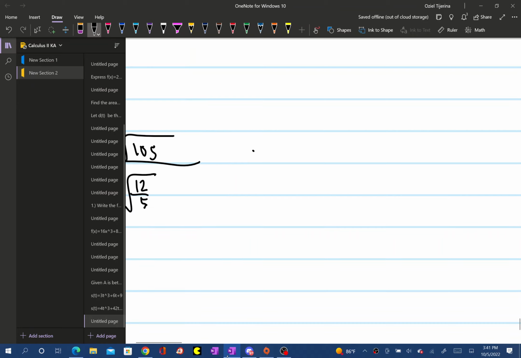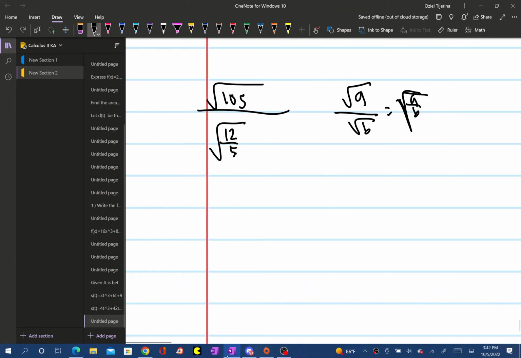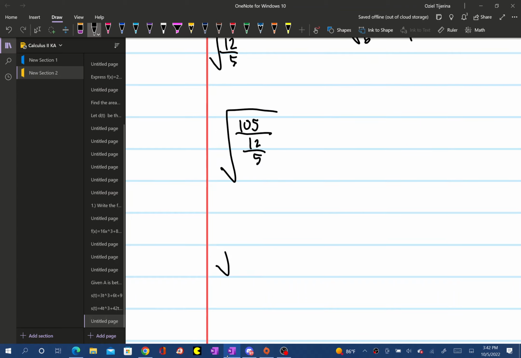We know that the square root of a over the square root of b is the square root of a over b, right? So we can say the square root of 105 over 12 over 5, which is the square root of 105 times 5 over 12, which is the square root of 175 over 4.